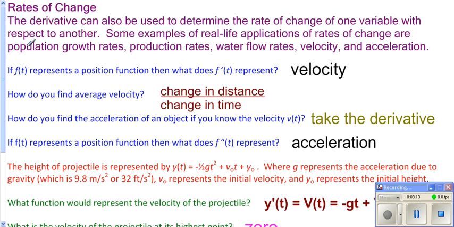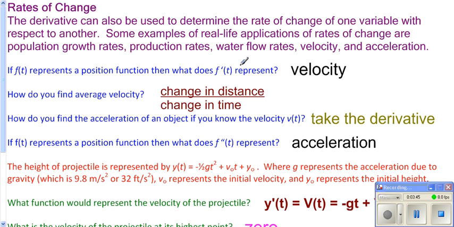Now, derivatives are rates of change. Sometimes derivatives can talk about population growth, production growth, water flow rates, velocity, and acceleration. When you're dealing with your position function, you should remember from what we've done before that the derivative of a position function is velocity. Now, that's what the actual velocity is.